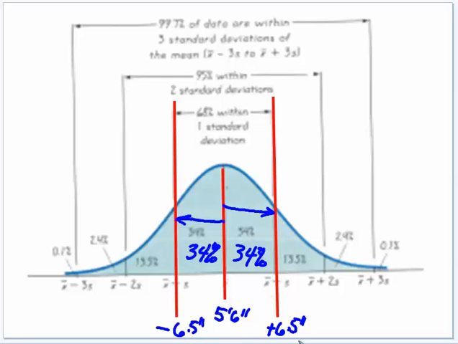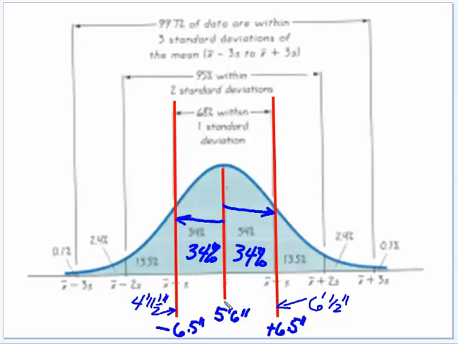What's 5 foot 6 plus 6.5 inches? 5 foot 6 plus 6 inches gets you to 6 feet and then a half inch. So this right here would be 6 feet 1/2 inch. Right? What's 5 foot 6 minus 6.5 inches? That's 4 feet 11.5 inches. And that's this point right here.